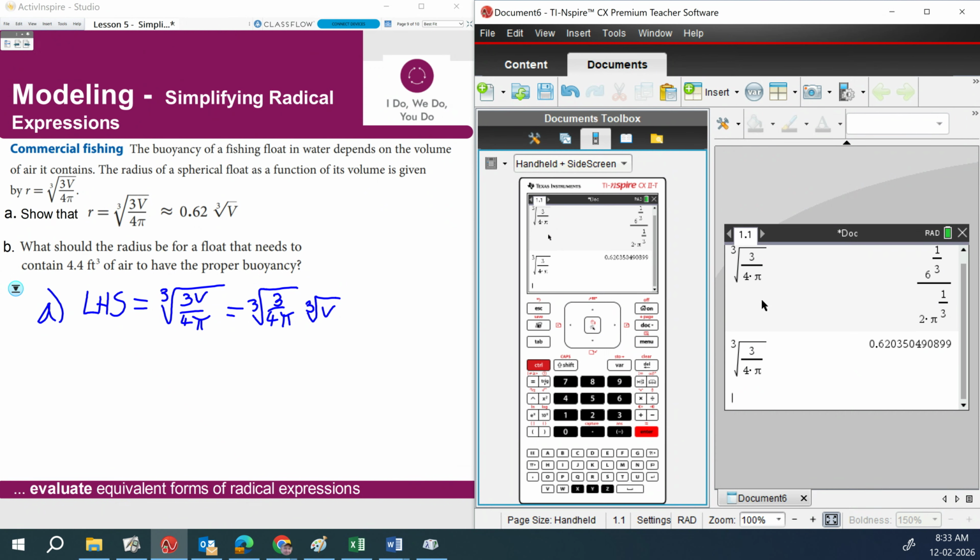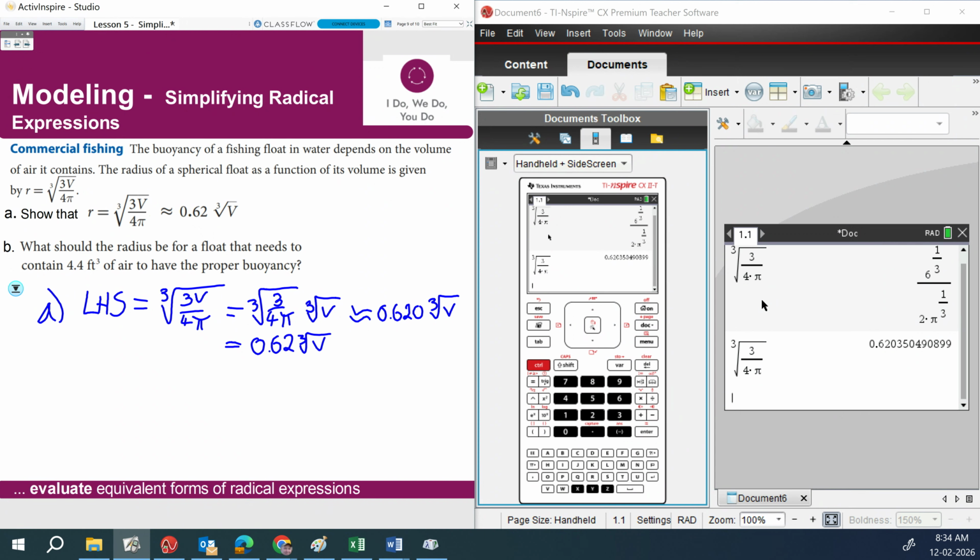What you should do on this one is take more than the number of decimal places given in the show that, to show that it rounds to that value. So this is approximately equal to 0.620, one more decimal place than is given, which equals 0.62 cube root v.